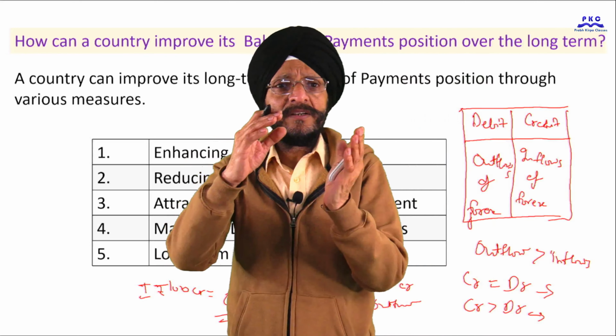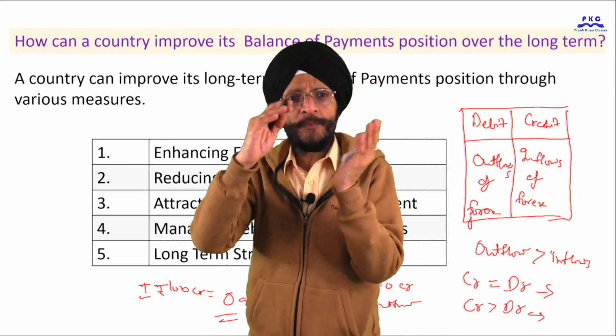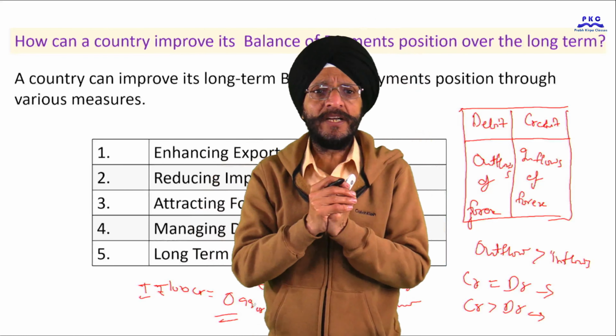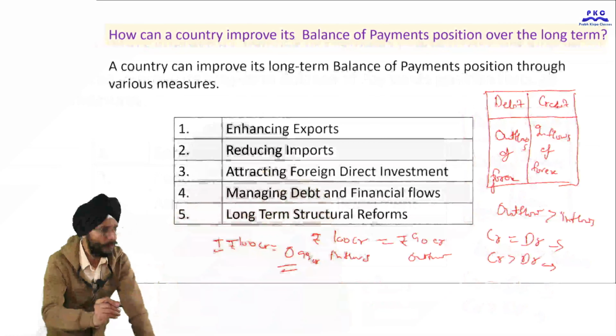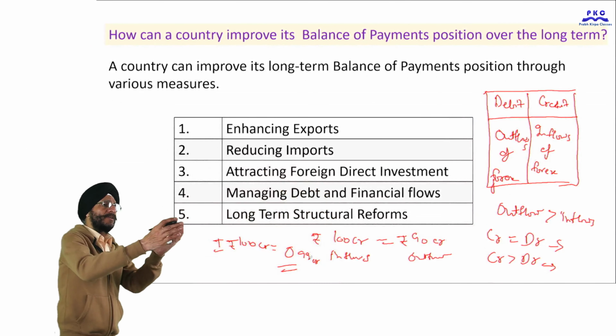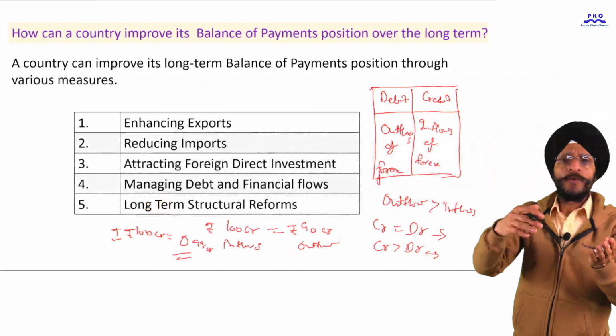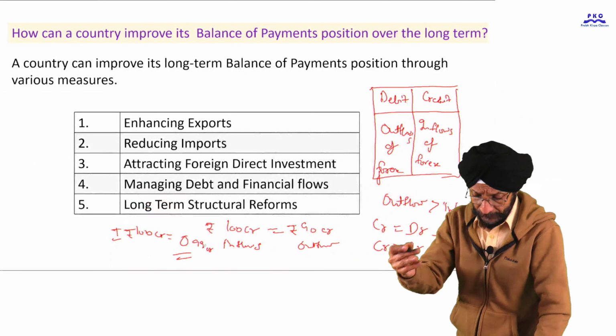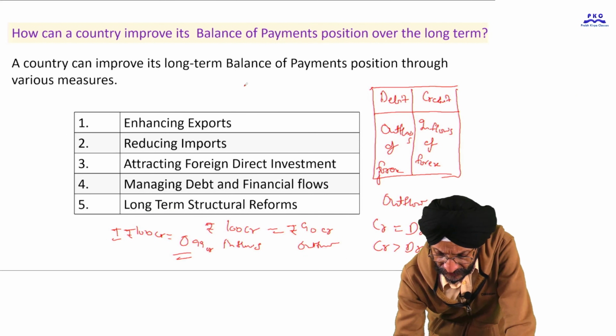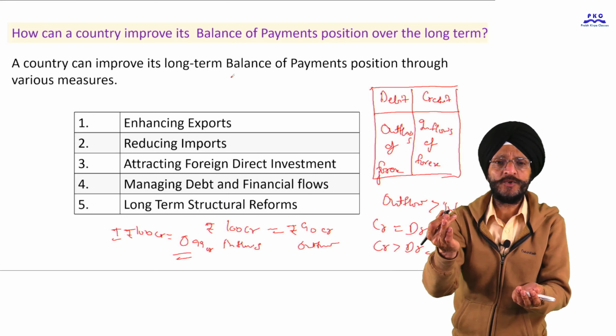But when we are talking about improving the balance of payments position, it means that it should not happen that the position becomes abnormal.